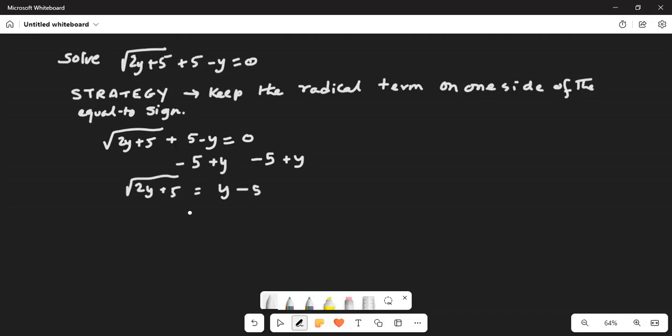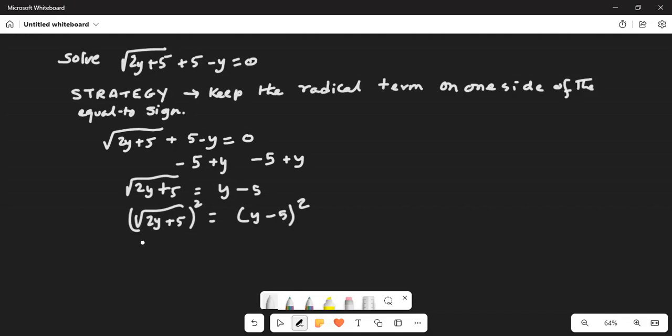Now on the left-hand side, I have square root of 2y plus 5. I need to remove the square root sign. How do I do that? If I square on both sides, that is raise both sides to the exponent 2, I will get square root of 2y plus 5 square is equal to y minus 5 also exponent 2.